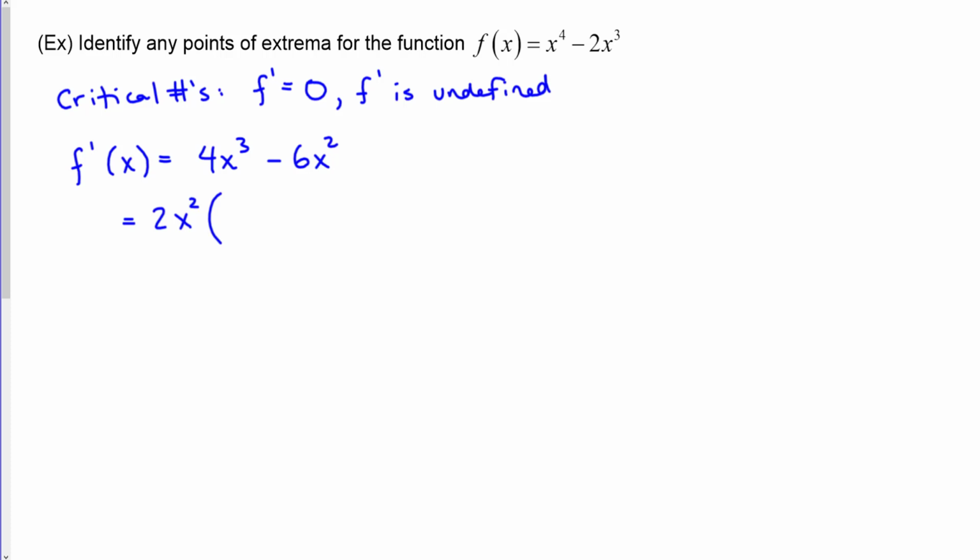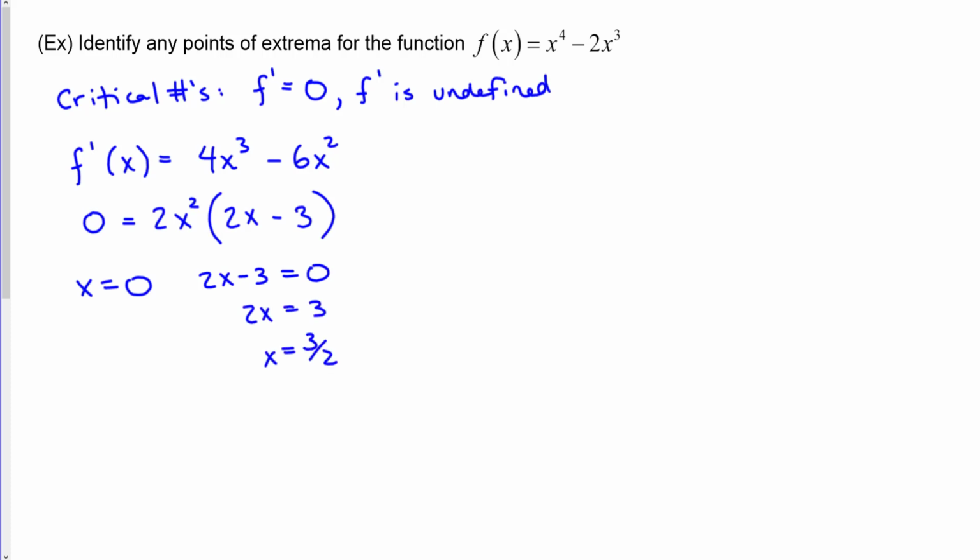That leaves me 2x minus 3 on the inside of the parentheses. If I set each of these factors to 0, I get x equals 0 for the term 2x squared. If you're uncertain what the zero of 2x minus 3 will be, just take the factor and set it to 0, and when you solve it, it will quickly determine that it is positive 3/2. So these are my two critical numbers.